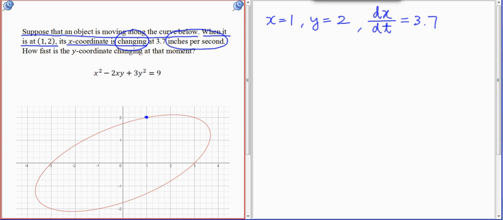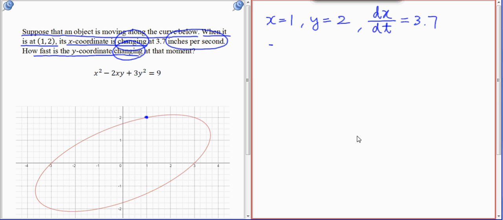So we are talking about dx/dt. How fast is the y-coordinate changing? Again, we are talking about the derivative. And the question is asking us to find dy/dt.